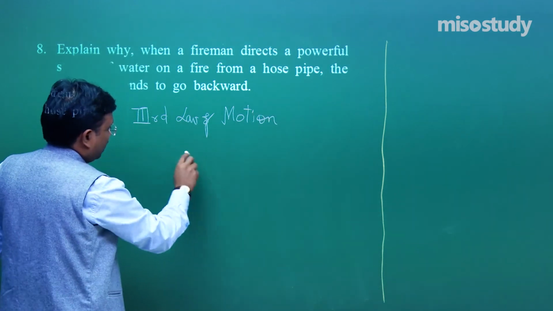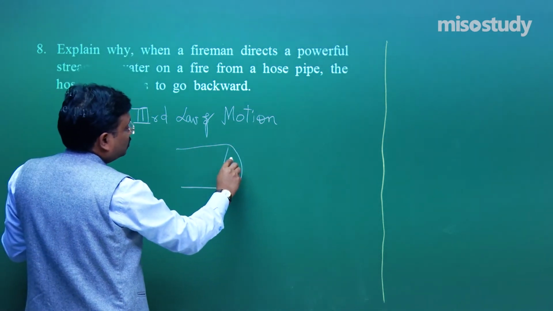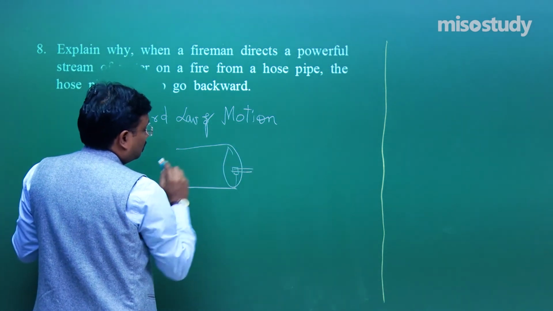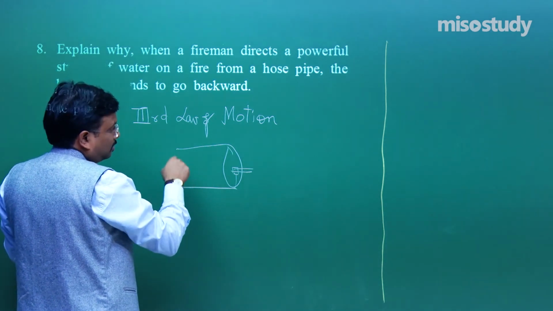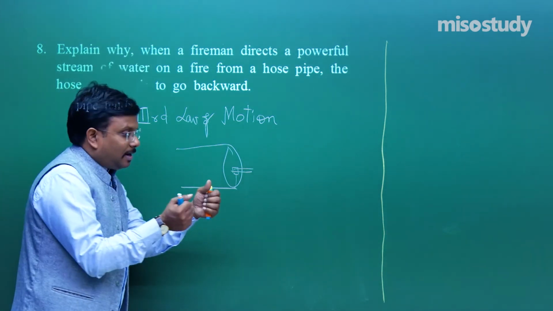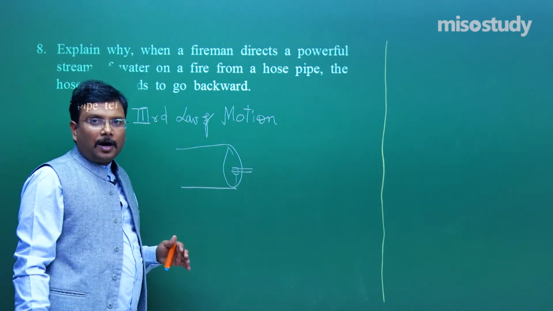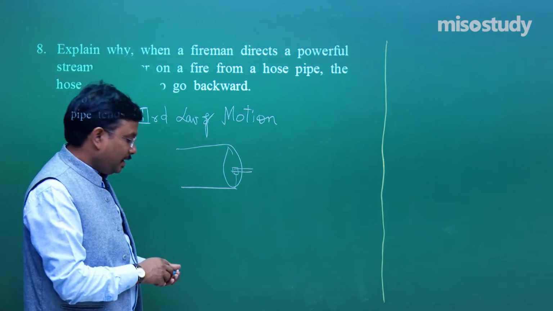Let us imagine it is a metal tap, a cylindrical type of thing. When the fireman is holding it like this, water oozes out very fast and the reaction of that comes in the backward direction.